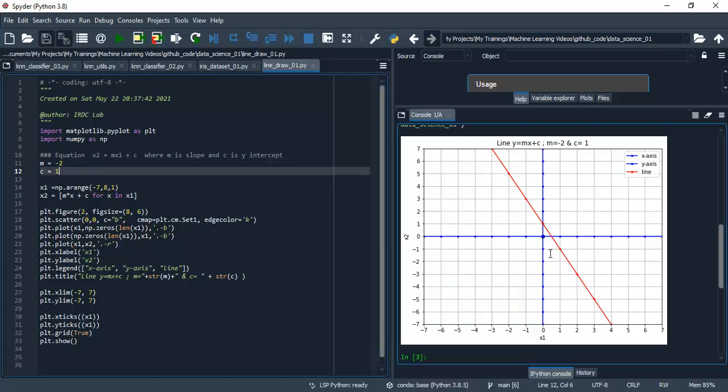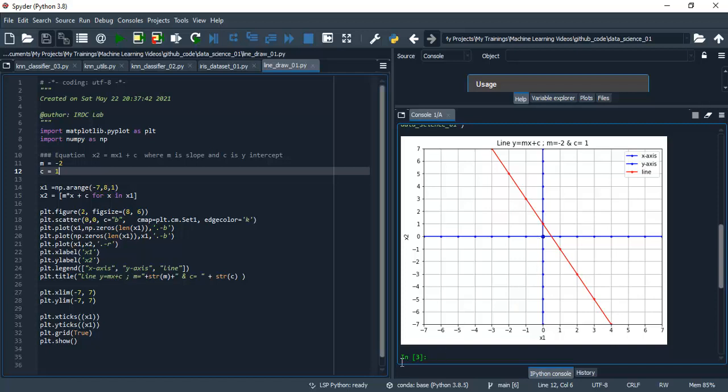So m is equal to -2, and c is equal to 1, so the intercept is 1. This is the y-axis, this is the x-axis. This is 0, 0, the origin, and from here if you calculate on the y-axis, this red line is intercepting the y-axis at the point 1, at a distance 1.